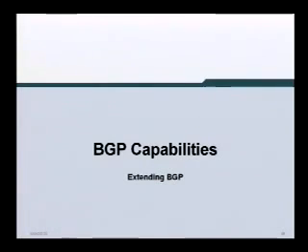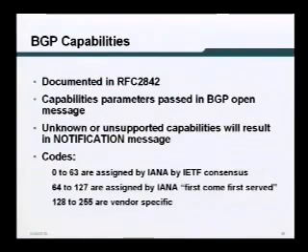Also, just a quick by-the-by while we're on this, have a look at some of the extensions in BGP, or call them BGP capabilities. These are documented in RFC 2842. BGP originally started off just being for IPv4 unicast.